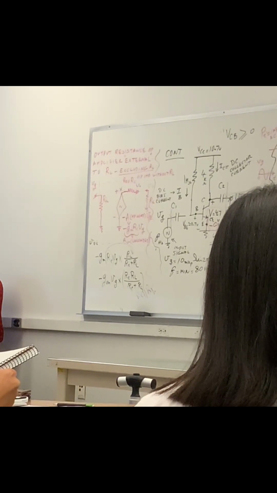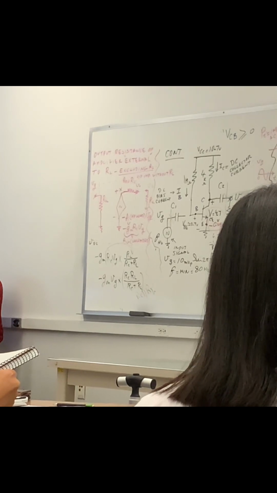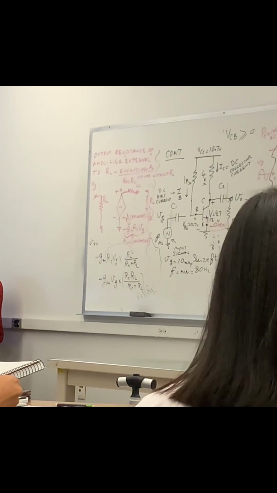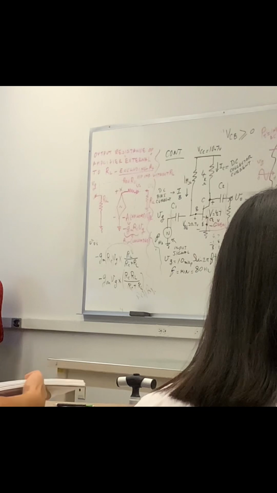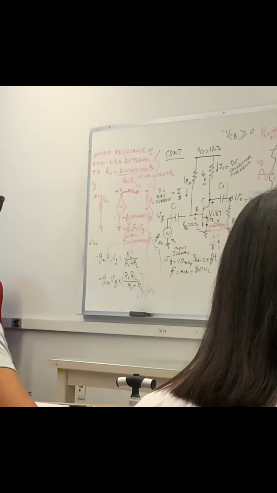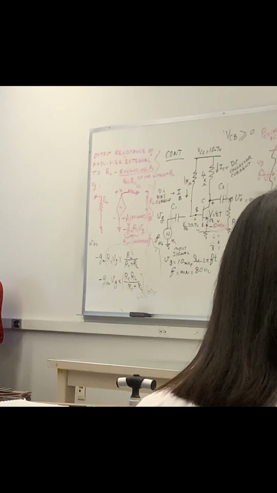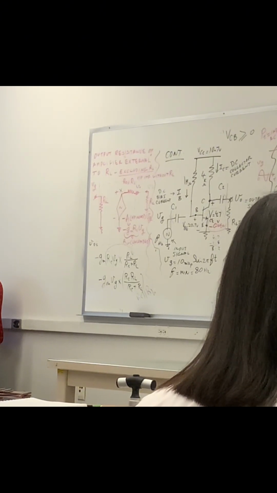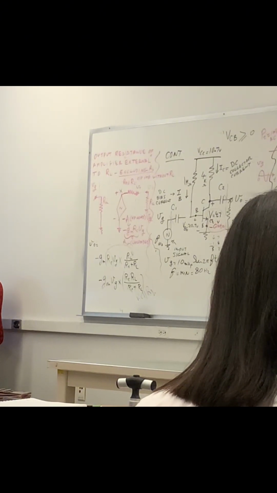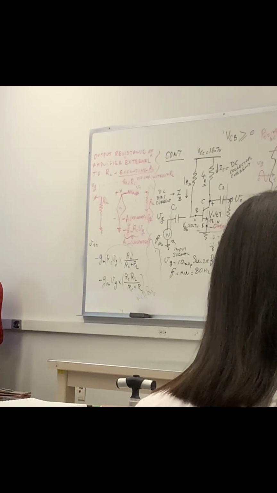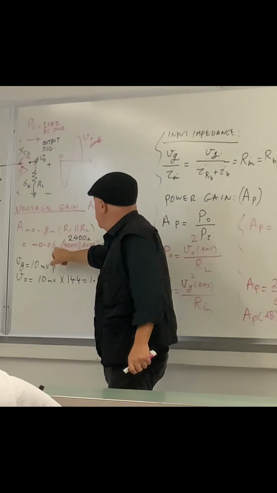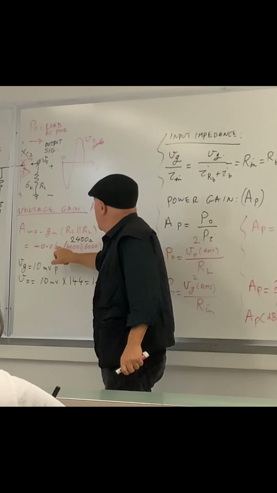When you couple the amplifier, this loading effect, second upon first, reduces the voltage gain. Don't get the impression that if that is a 144, you build another one, you put it there, you'll get the same 144 when you multiply together. No, they don't. This is 144 on its own, you see? Actually, it is more than 144 on its own, because it would be 4,000 times the plus 240.